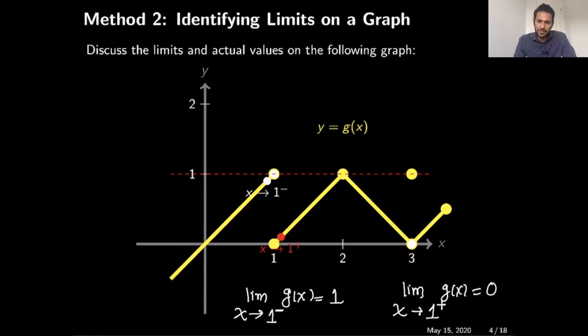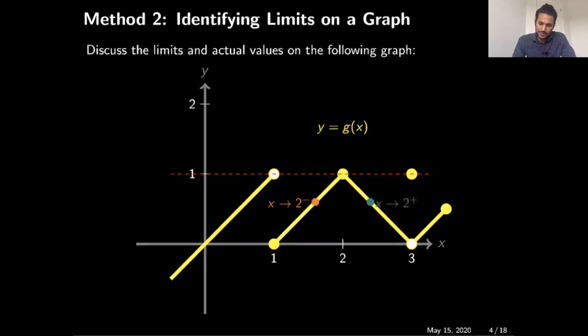Since the left limit is not equal to the right limit, the limit as x approaches 1, which is the two-sided limit, of g of x does not exist. On the right side of 1, the function is approaching 0, and on the left side of 1, the function is approaching 1. So the trend is not approaching the same number, and the limit will not exist.